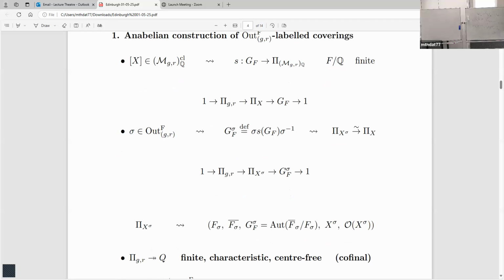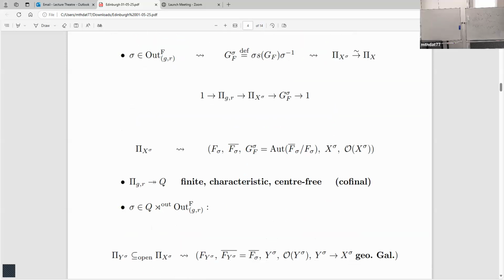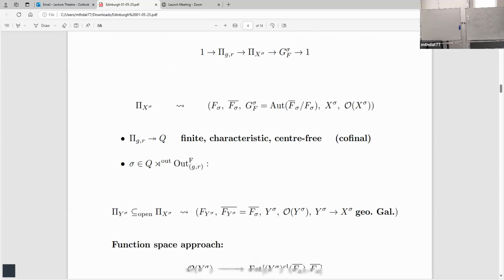So starting from this group extension, we construct a number field F^σ, and F^σ bar is its algebraic closure, in such a way that G_F^σ is the group of automorphisms of this extension. We also construct a hyperbolic curve X^σ of type Γ, and we reconstruct the ring of regular functions on X^σ. This construction is purely group-theoretic, starting just from the group extension π_1 of X^σ.